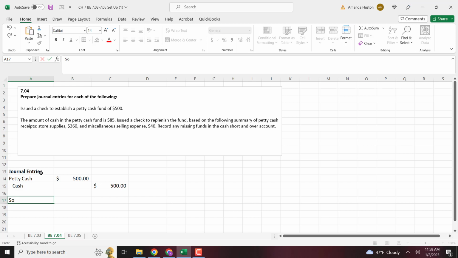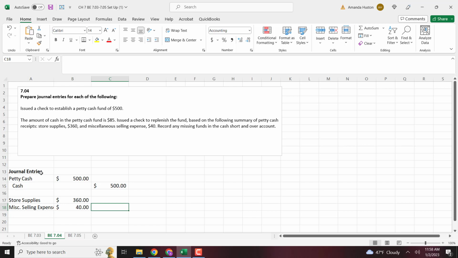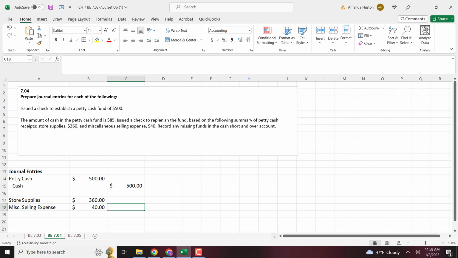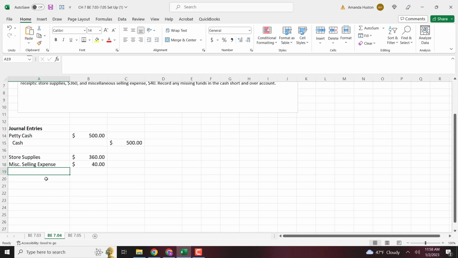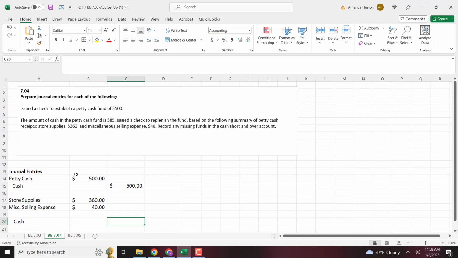Then the second entry, we're going to do store supplies, 360. Then we do miscellaneous selling expenses, 40. So we need to figure out what the cash, short, and over is. So how we're going to come up with this equals the $500 in petty cash minus the $85 that we have left, because it says we have 85 left.